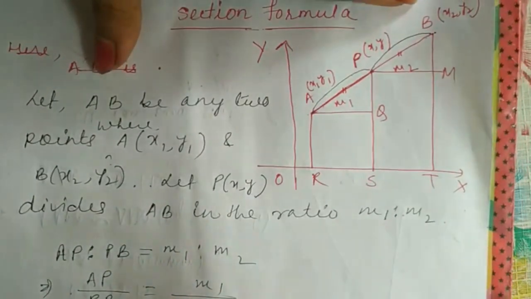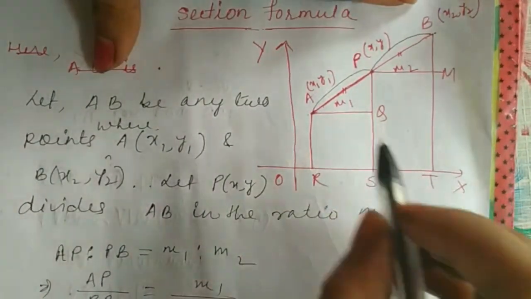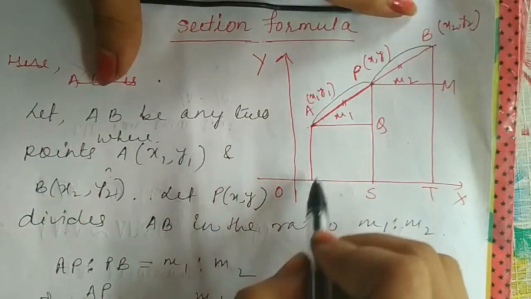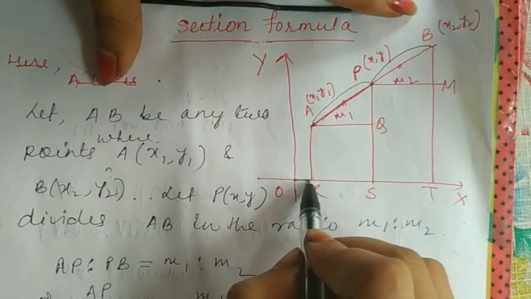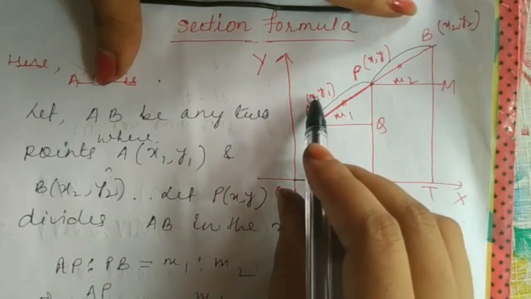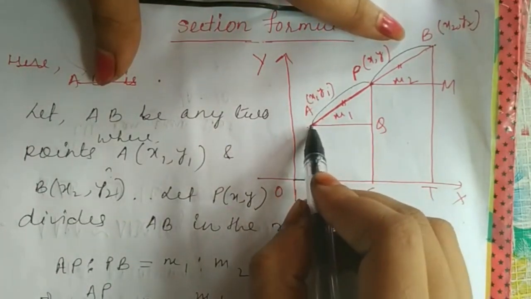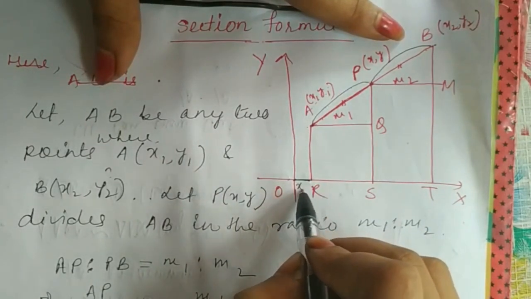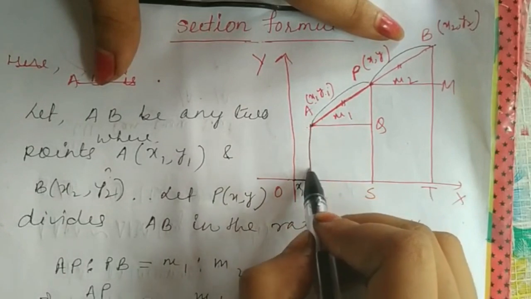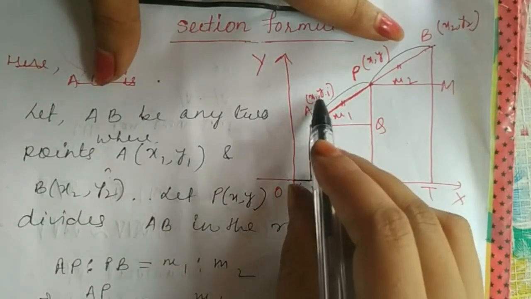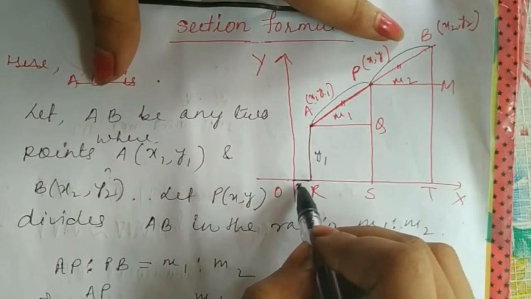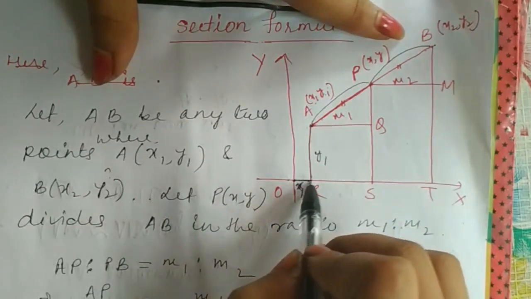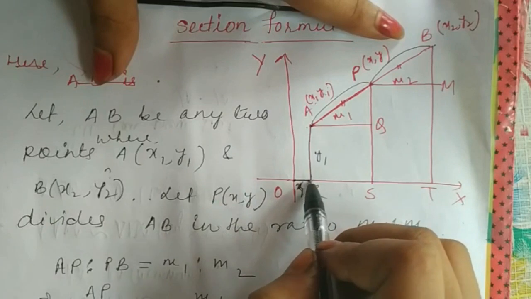Again, same as in the distance formula, how much is OR? The coordinate of A is x1, y1, so obviously OR equals x1 and AR is y1.